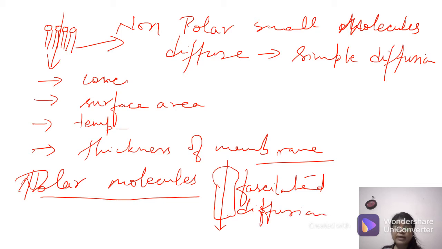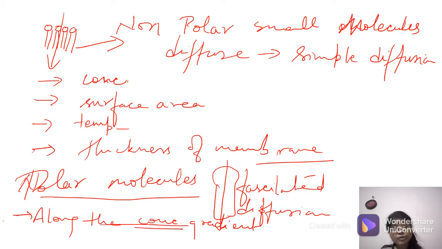And remember, it is happening along the concentration gradient. This concentration, I have told you, acts as a potential energy itself. It acts as a source of energy to help the molecules move. So this is facilitated diffusion, which happens with the help of carriers.